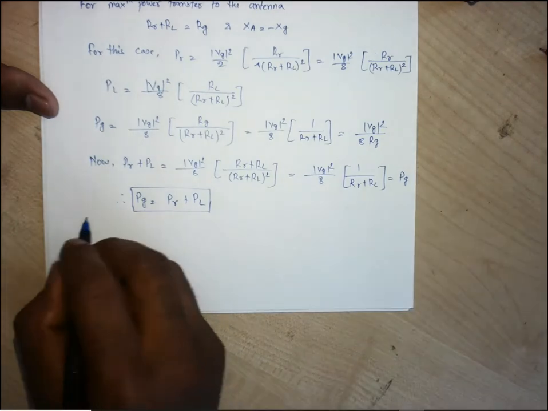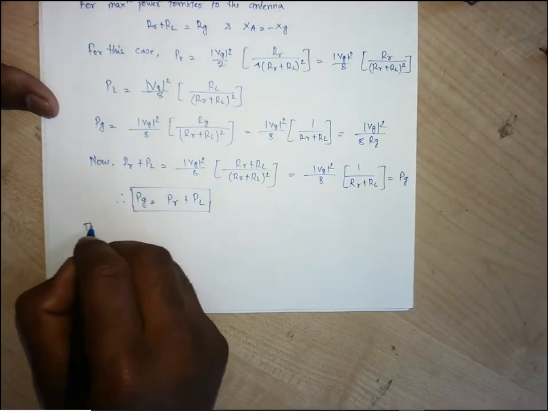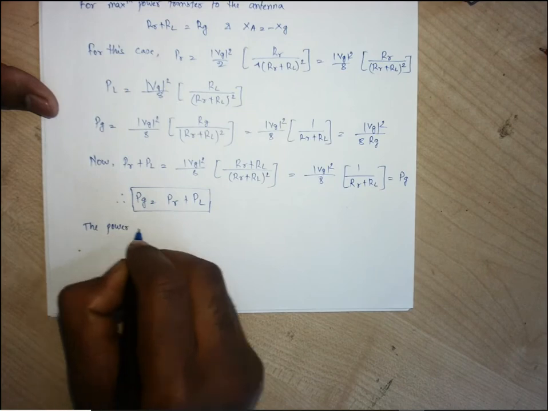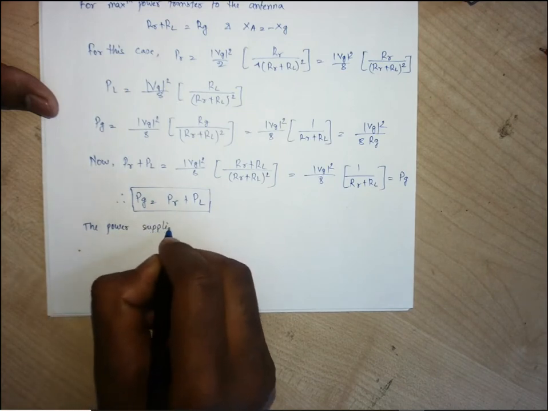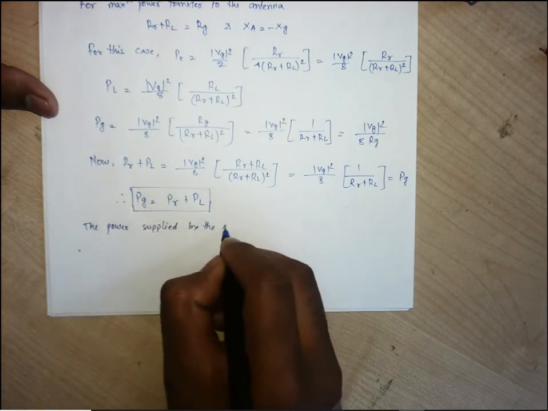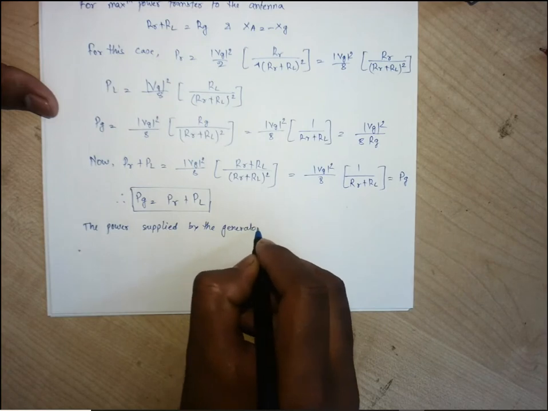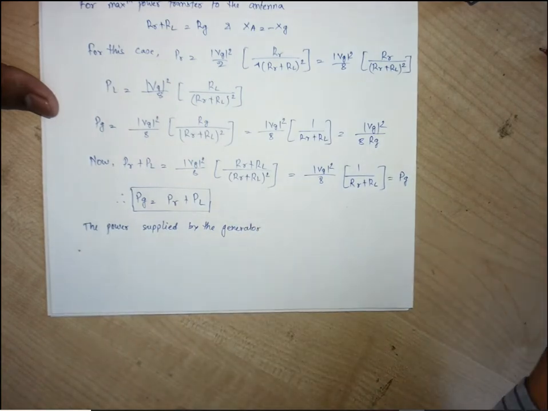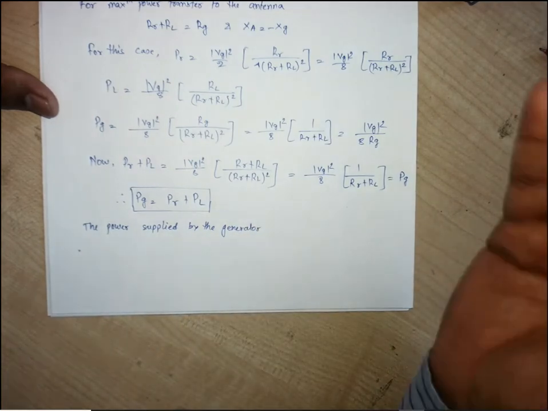So we can say the power supplied by the generator, where we are not considering what gets dissipated in the source resistance.